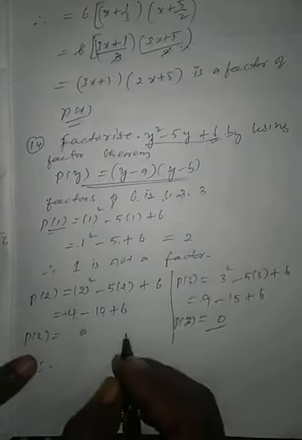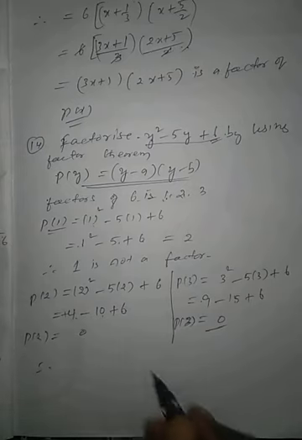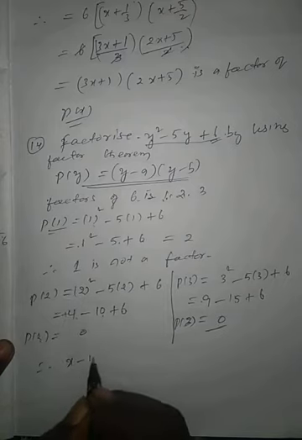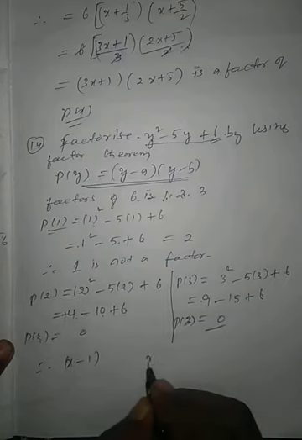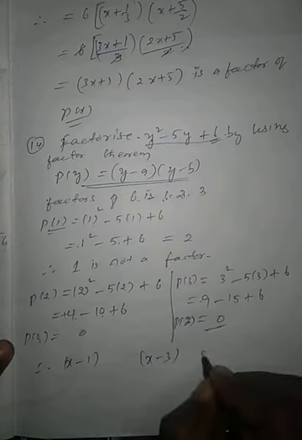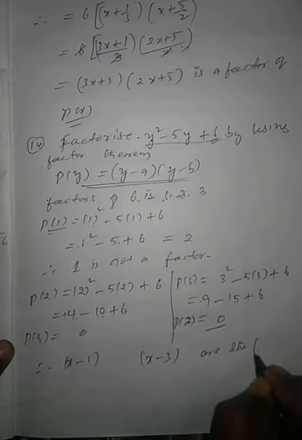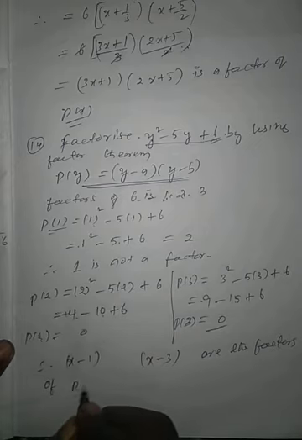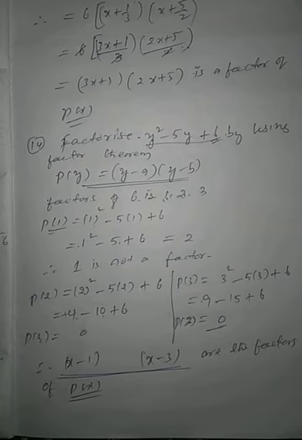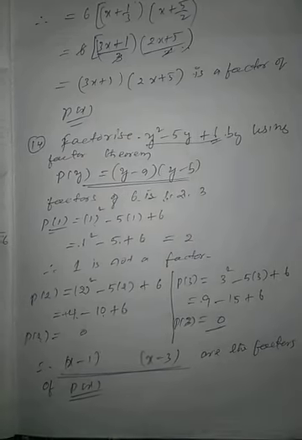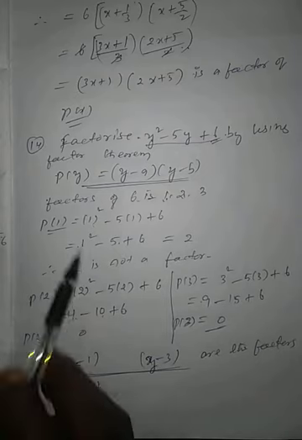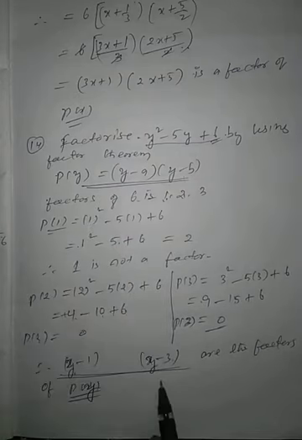Therefore, what are the factors? 2 and 3 are both roots, so here plus 2 gives y minus 2 and plus 3 gives y minus 3 as the factors of p of y. Sorry, it is y minus 1 and y minus 3, because p of y, here it is y, that is y minus 1 and y minus 3.